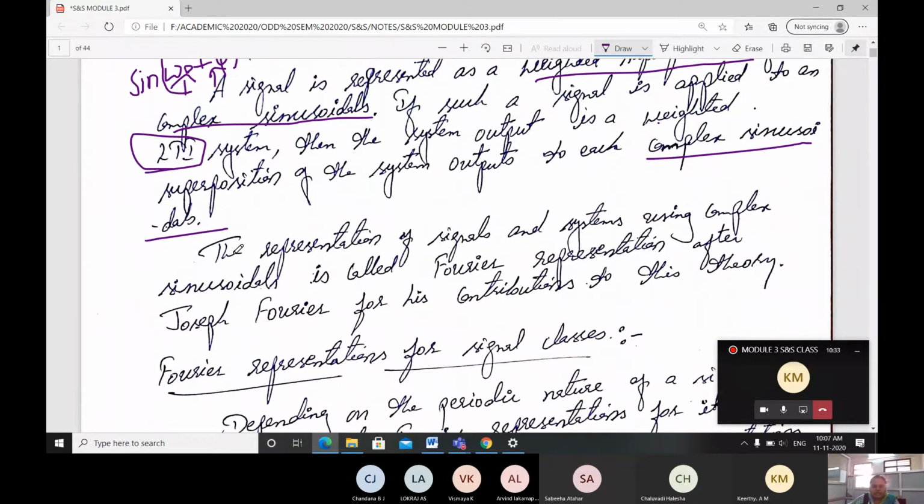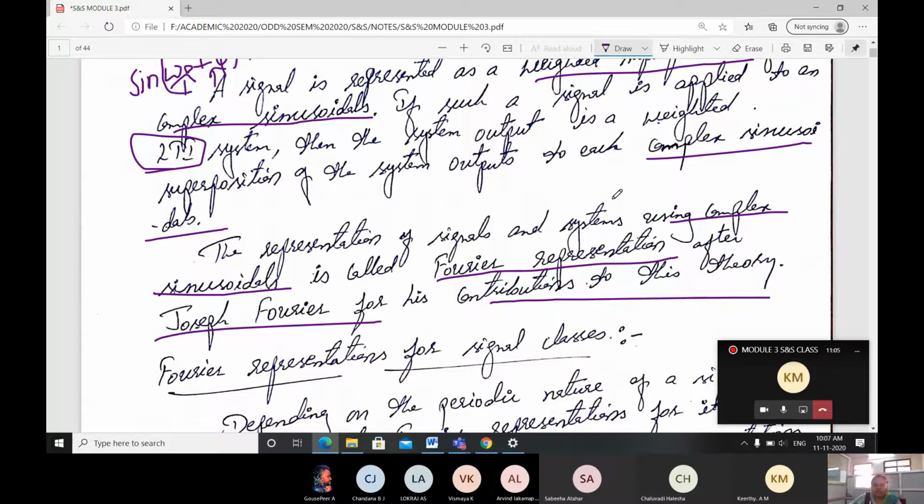The representation of signals and systems using complex sinusoids, sine wave, cos wave and so on, is called the Fourier representation. It was given by Joseph Fourier, and for his contribution to the theory his name is given here.